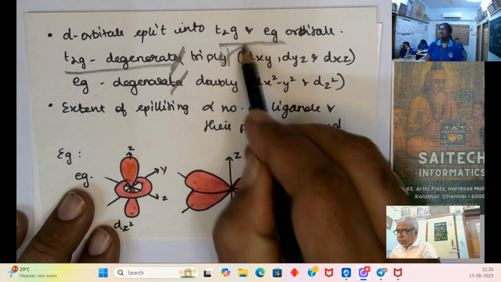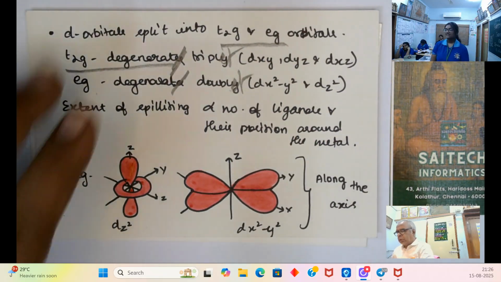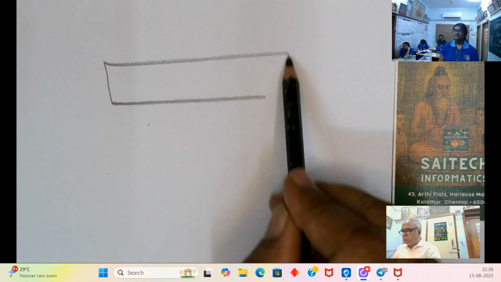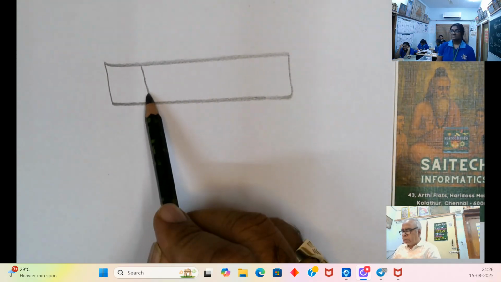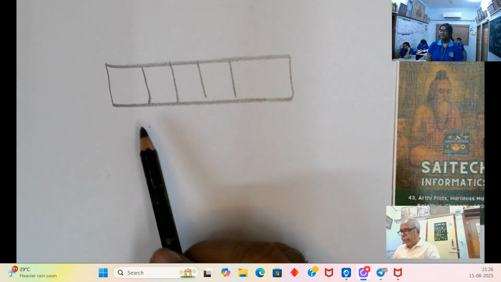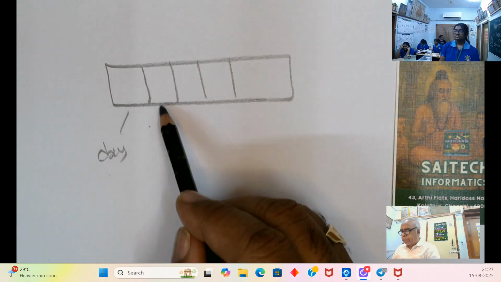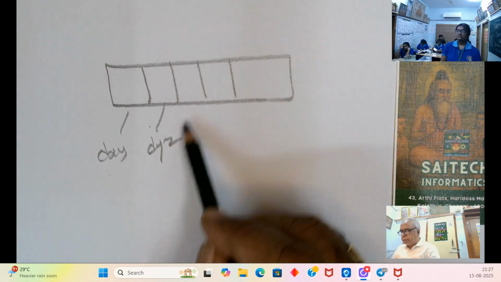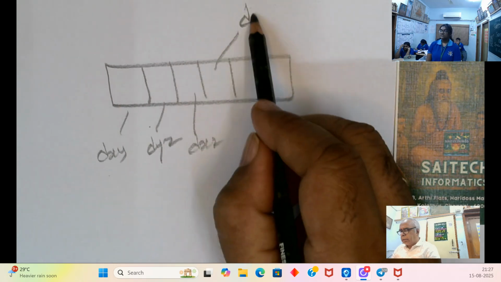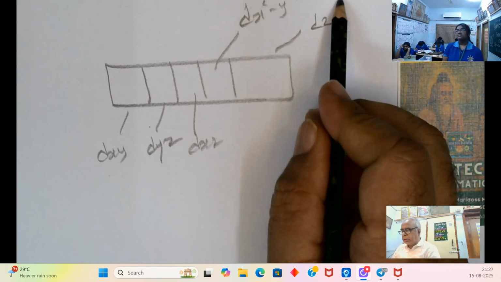And eg is a doublet. You have the five d orbitals: dxy, dyz, dxz, and dx squared minus y squared and dz squared.